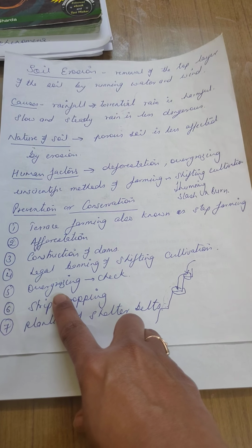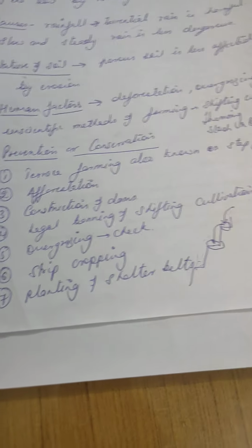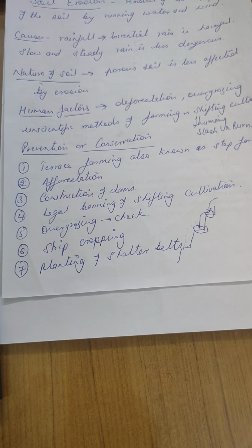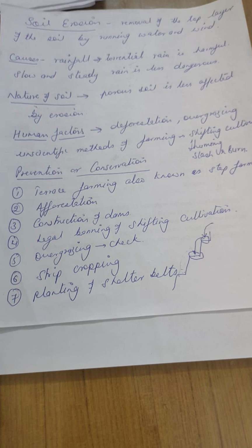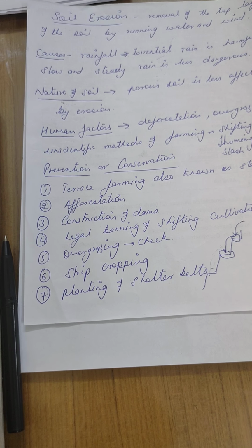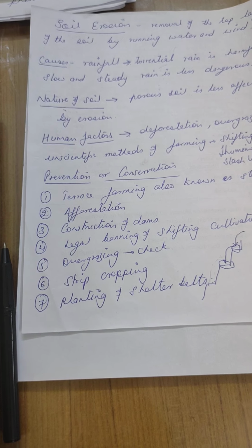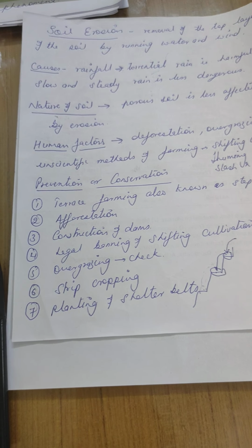Then it is overgrazing. There has to be a check on overgrazing. What do I mean by overgrazing? Suppose you take a flock of sheep to a land to graze. They eat the leaves of the plants there for a few days. Then when you take that flock every day to the same piece of land, once the leaves get finished, they start eating the stems.